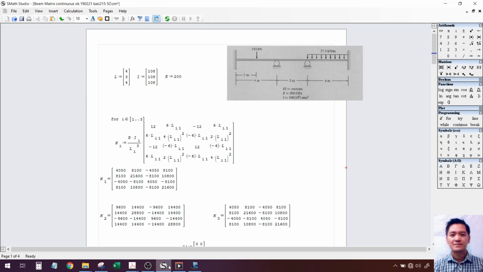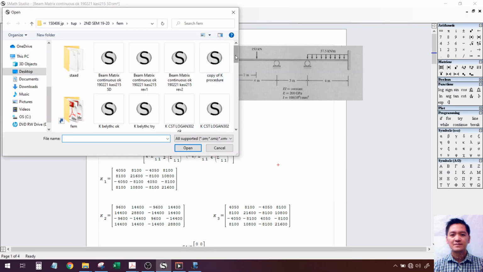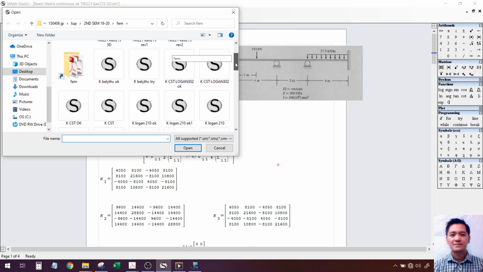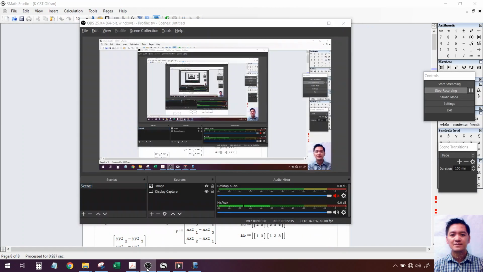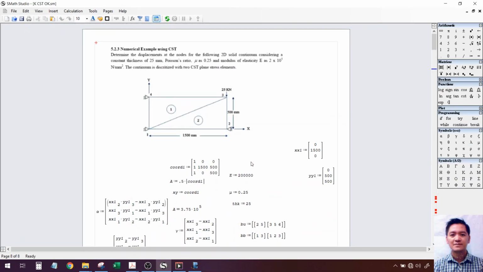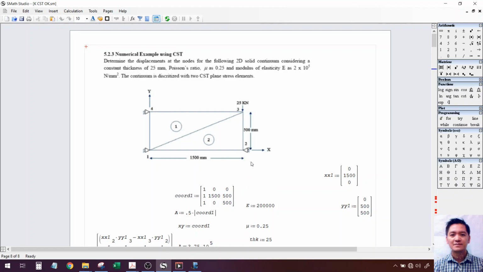Okay, so where's my S? Meron na tayong SMAT niyan. This one, open. Yan, okay. So ito yung implementation niya in SMAT. Okay.